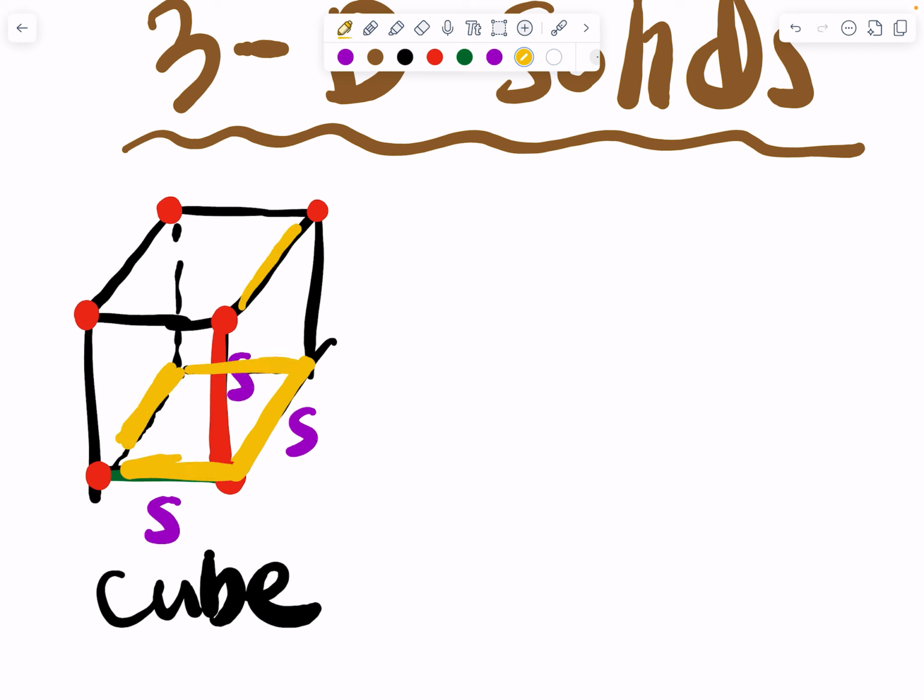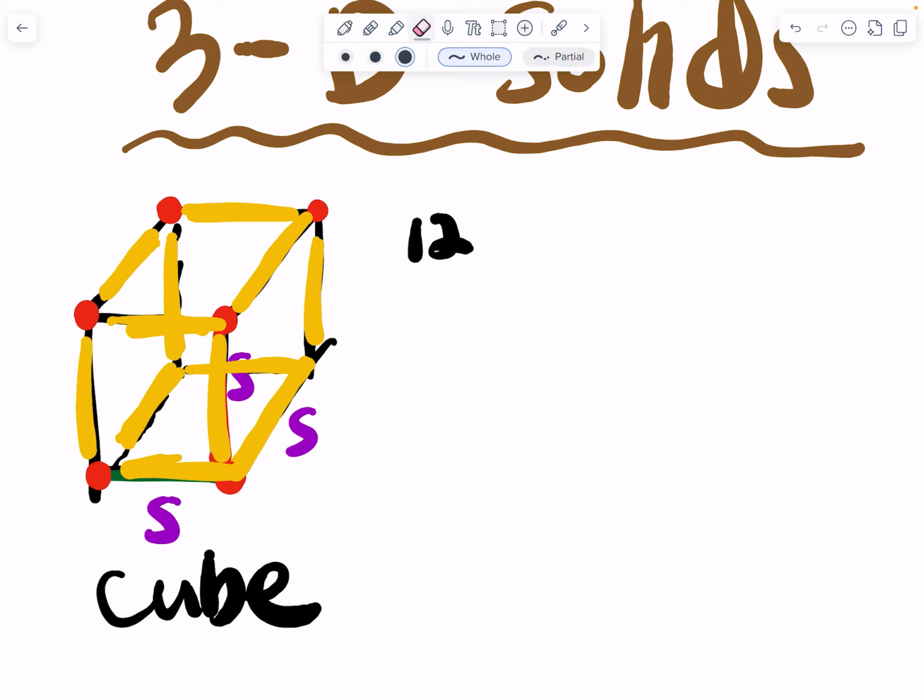In the same sense, 1, 2, 3, 4 more on top, right? And then the side ones, 1, 2, 3, 4. It is 12 edges. So what we know is that there are 8 vertices and 12 edges.